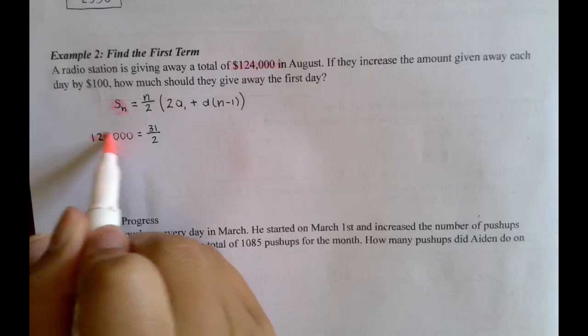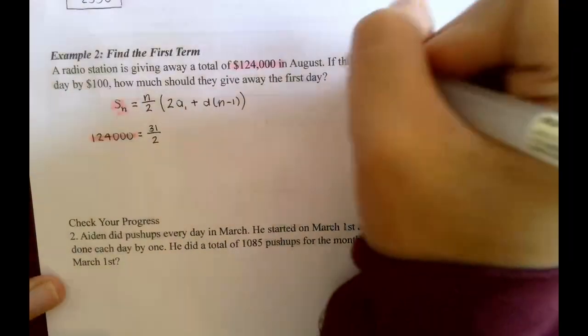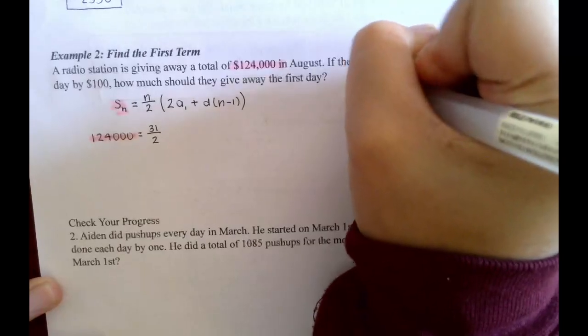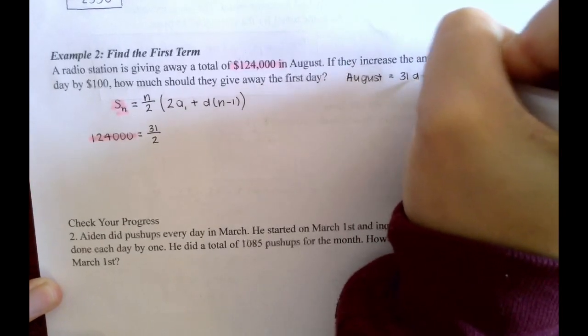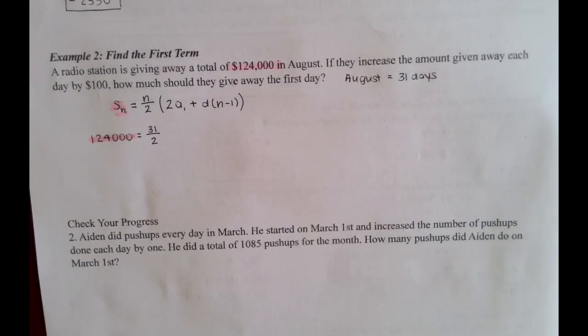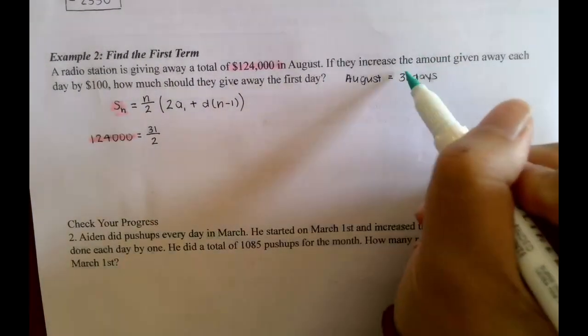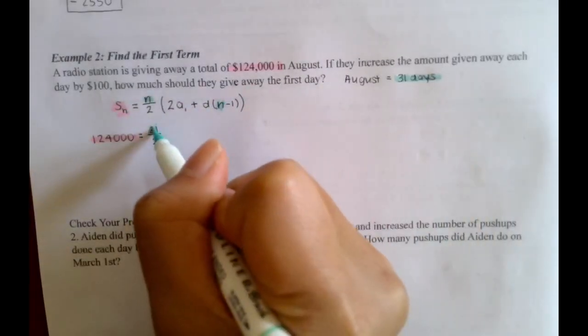August has 31 days. So that's why it's 31 days added together. So that's why I'm going to plug in 31 here, and I'll eventually plug it in here as well.